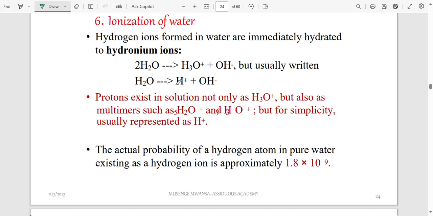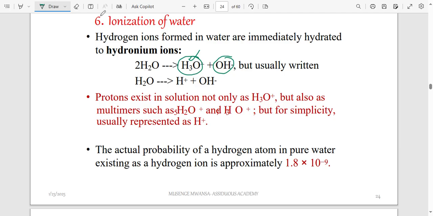So when you have two water molecules, as we have already said, what will happen is that one of the water molecules will donate a hydrogen to another. It ends up being H3O plus, and then the other will remain as OH. But again, you can just have one water molecule breaking to form H and OH.